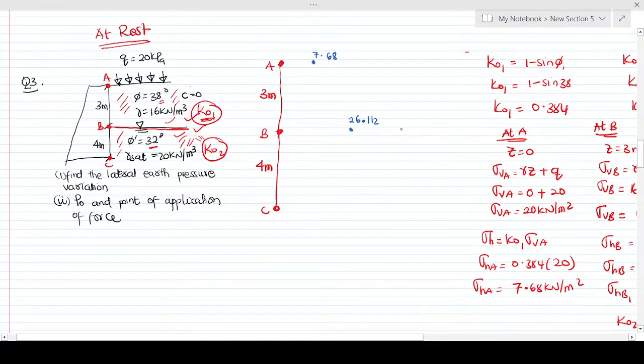Then at B2 it increased to 31.96, right? Then it came towards C, which was at 90.76. So this is going to be my diagram. We are going to have something like this.